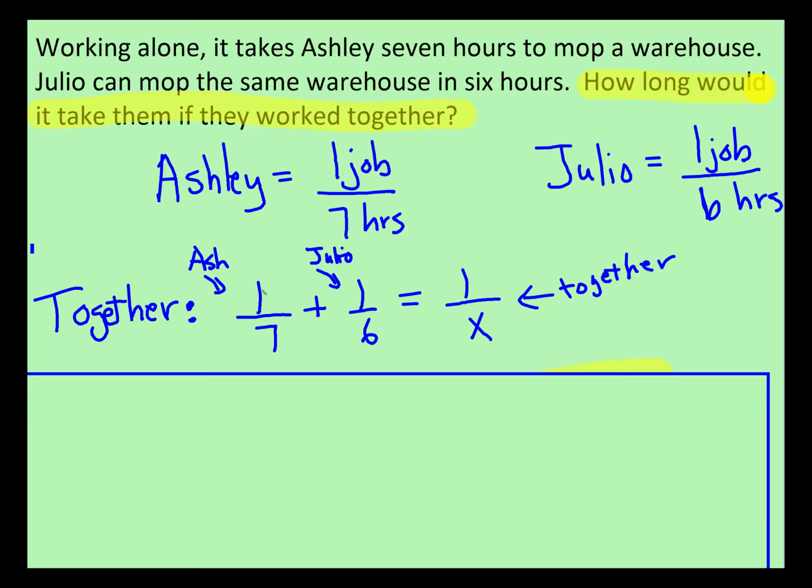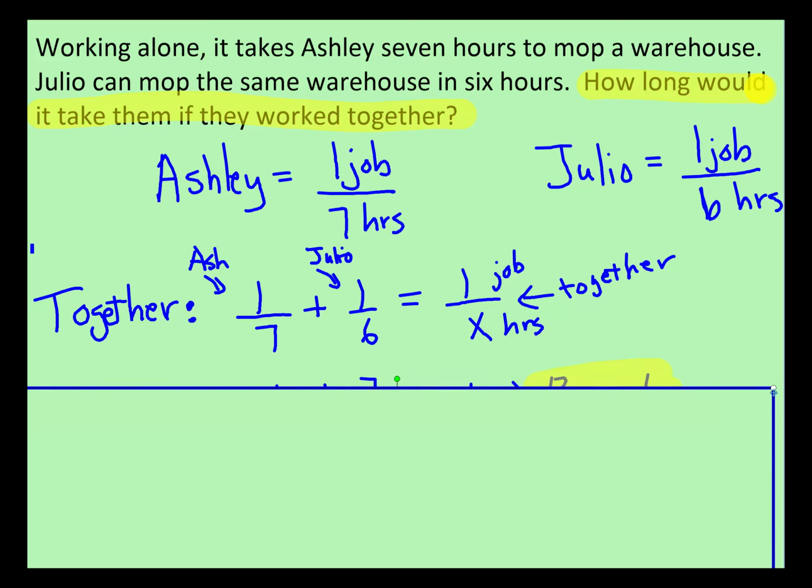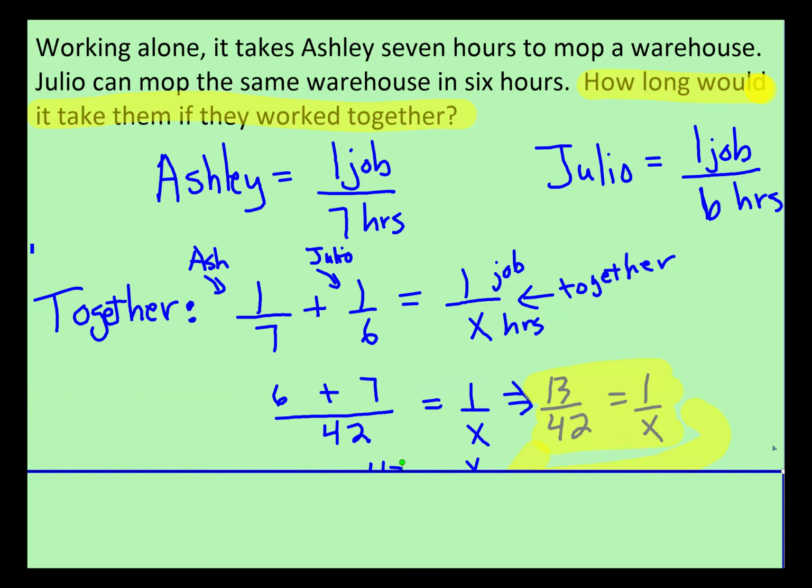So when you simplify that, all I did here is multiply top and bottom here by 6, top and bottom here by 7. So that gives us 6 plus 7.